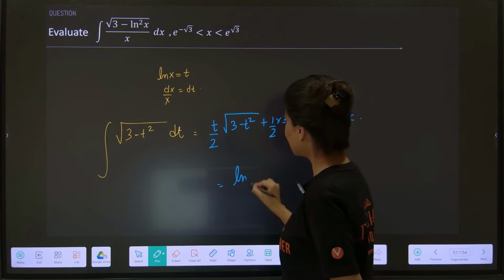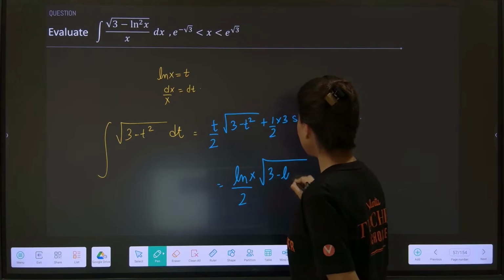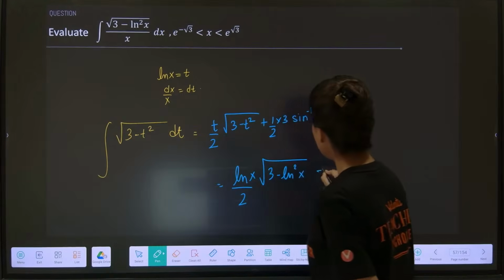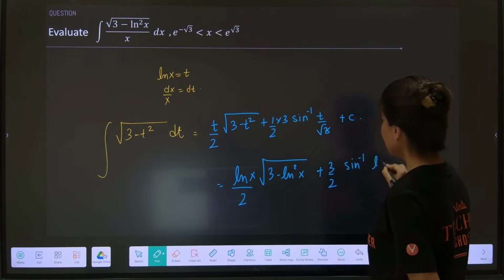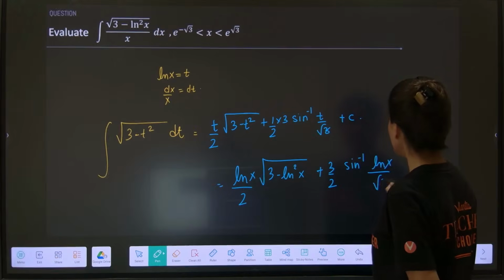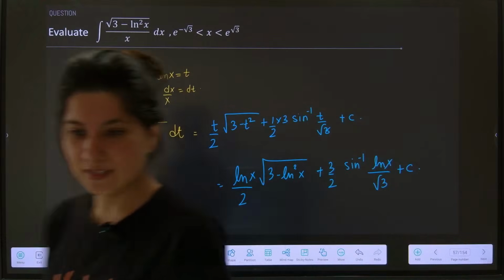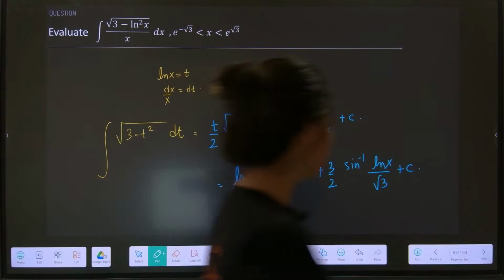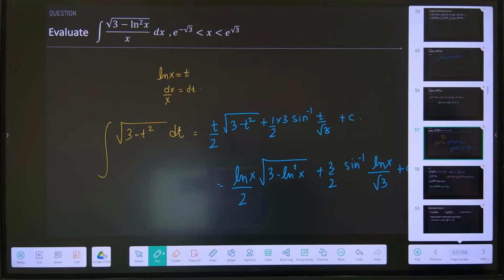So ln x by 2 square root 3 minus ln square x plus 3 by 2 sine inverse ln x by root 3 plus c. Yes? Okay. Is it difficult? It is not difficult. See?